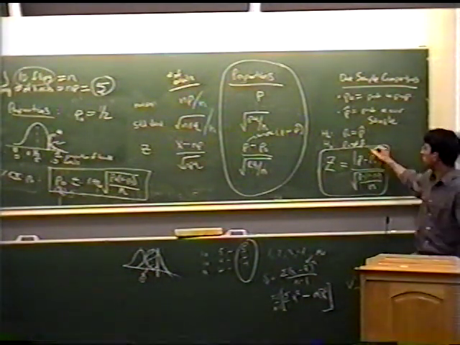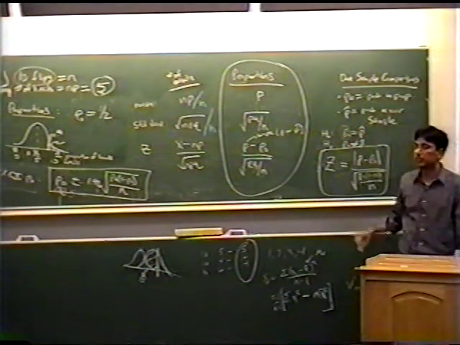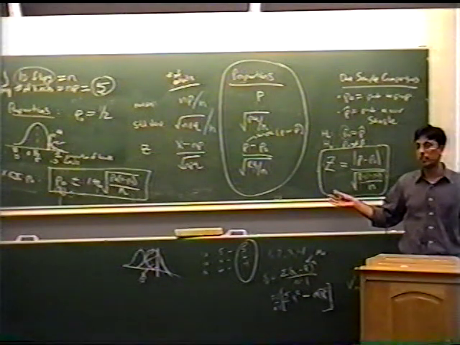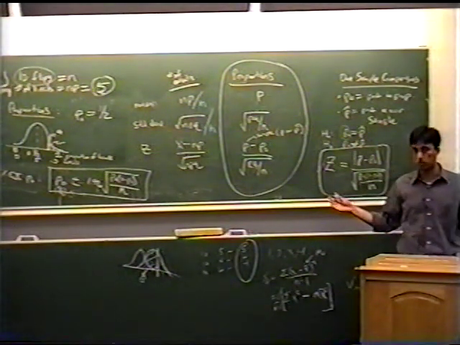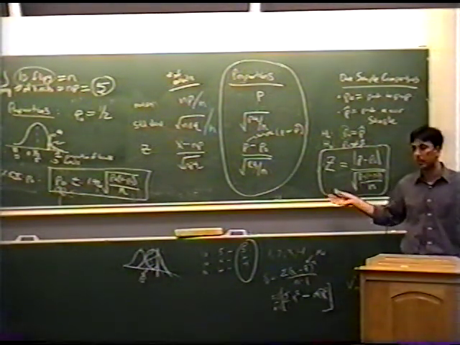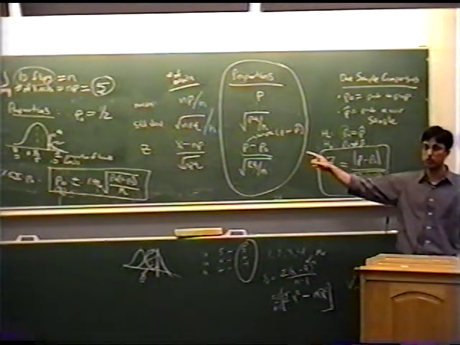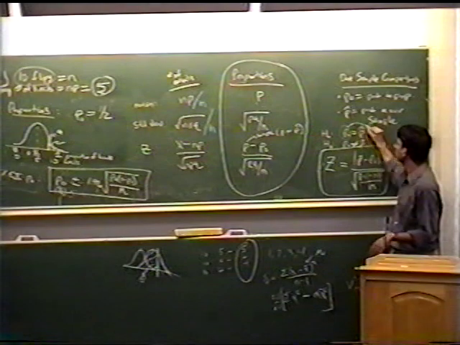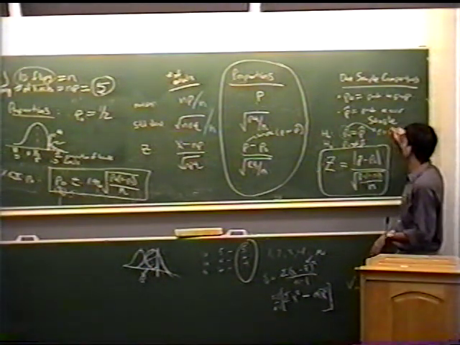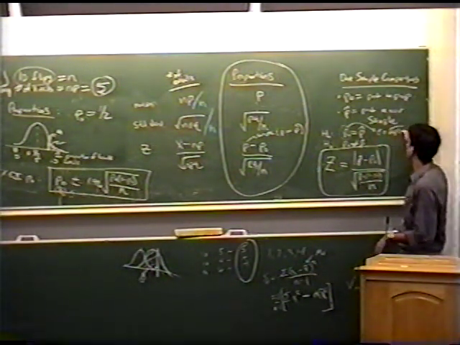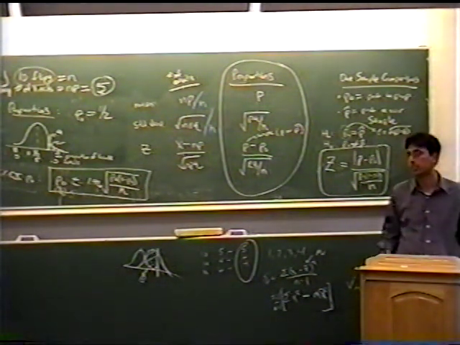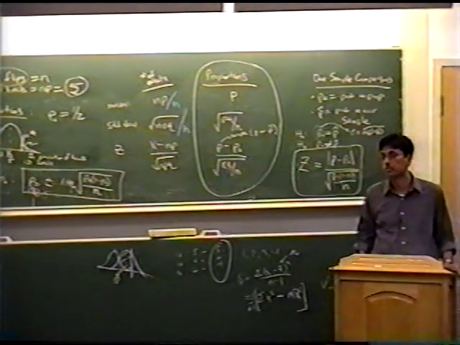Right. Just by knowing P naught, the average probability in the population, as long as we're making the assumption that it's normal, we know that it's binomial, as long as we know that NPQ is greater than 5, so we can assume that it's normal. We know that the standard deviation of the population is just the square root of NP times Q. So we're never left in the situation where we don't know the standard deviation of the population, right?